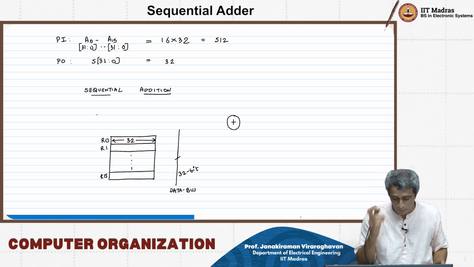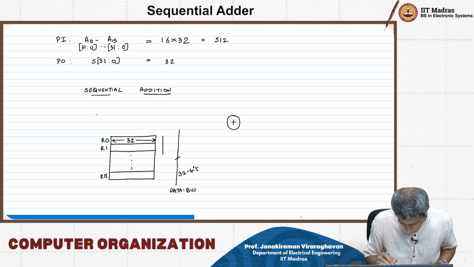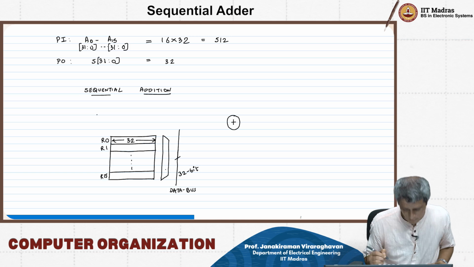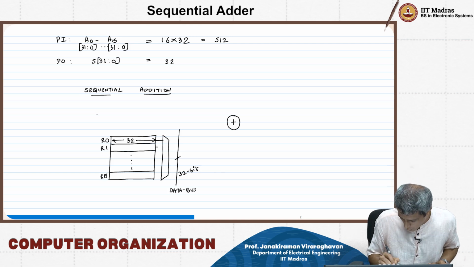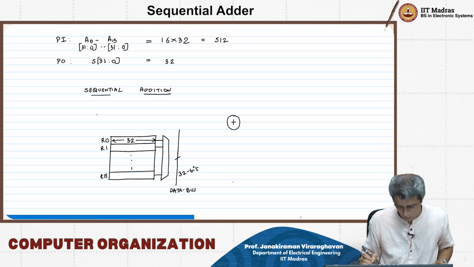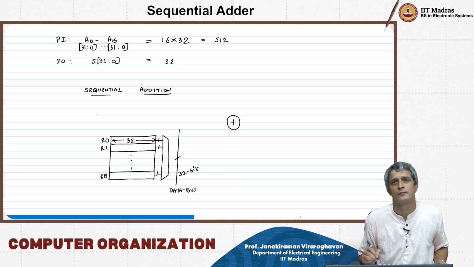What I am going to do is feed this through a multiplexer. The register values will come out like this, from R0 to R15, each of them being 32 bits.